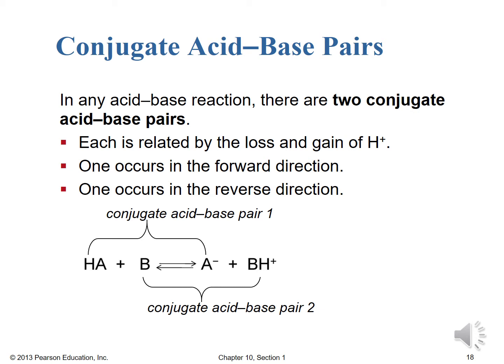Likewise, with the B in the forward direction, the B on the reactant side is the neutral base, and on the product side it's BH+, which can serve as an acid in the reverse direction to give up an H+ from BH+ to reform B. So that's our second conjugate acid-base pair. Whatever's an acid in one direction, its conjugate is the base in the other. Whatever's the base in one direction, its conjugate is the acid in the other direction. And again, the H+ is what we're following.